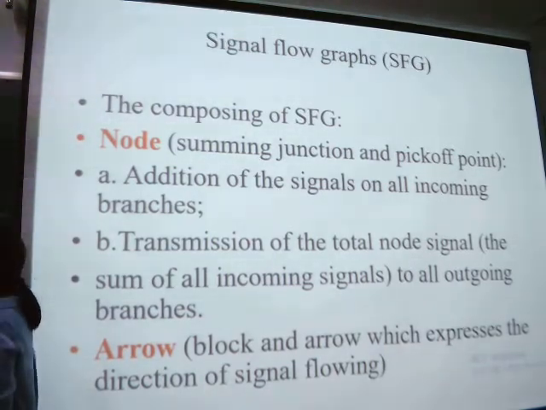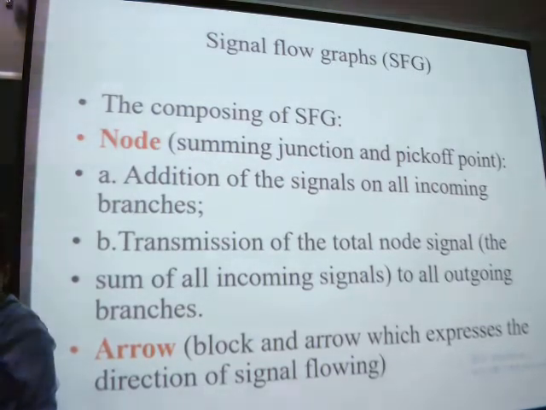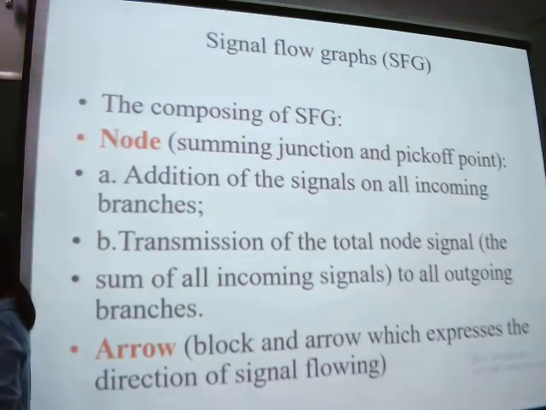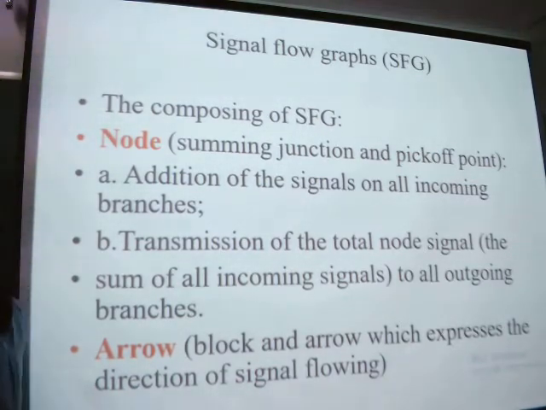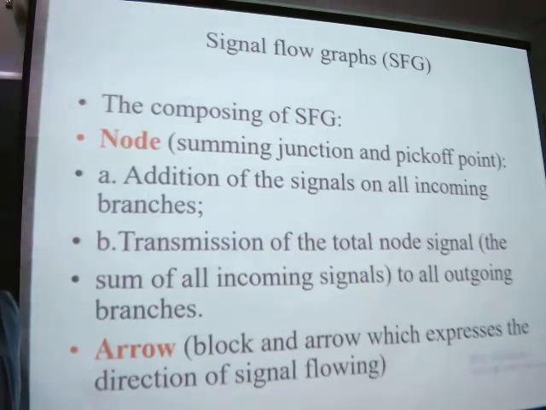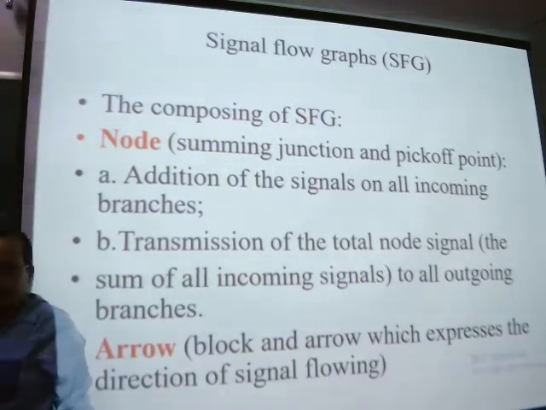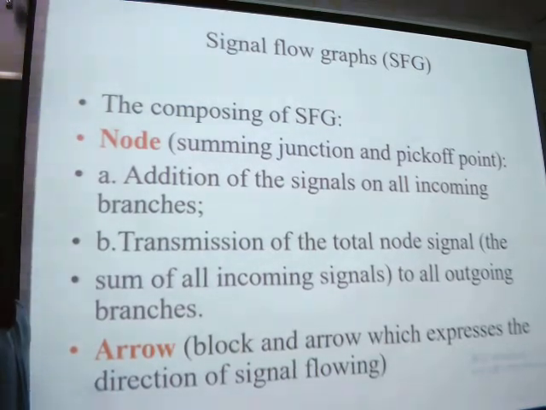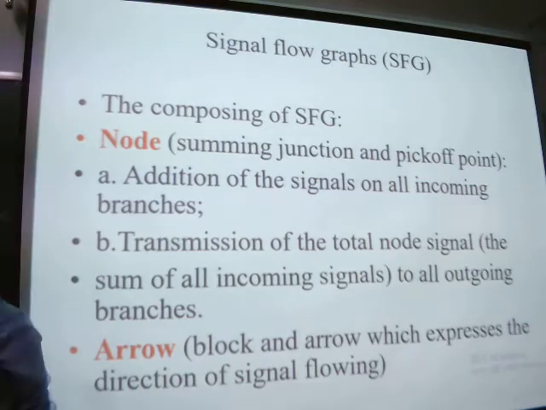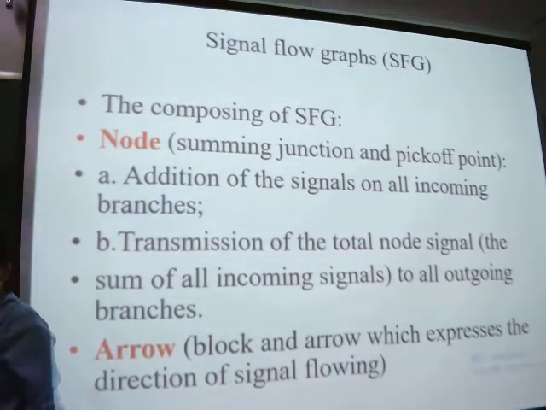Now, turn to the signal flow graph. Then we have the corresponding names. This block becomes the gain of this signal flow graph, and these two are nodes of the signal flow graph.